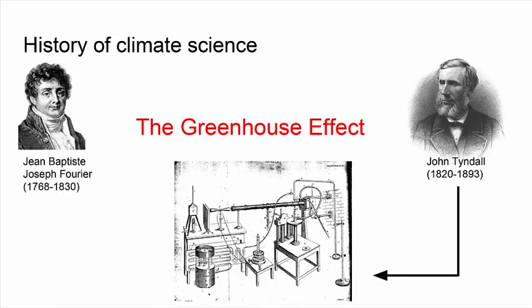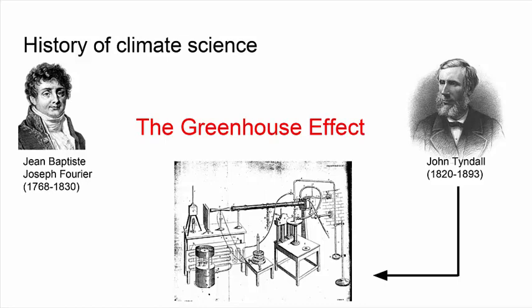Right. So to start off with, we'll just delve into the history of climate science and the greenhouse effect. We'll get into the science more behind it. It's just that some gases in the atmosphere absorb infrared radiation, and they re-emit it back down to the surface, which causes a warming effect.